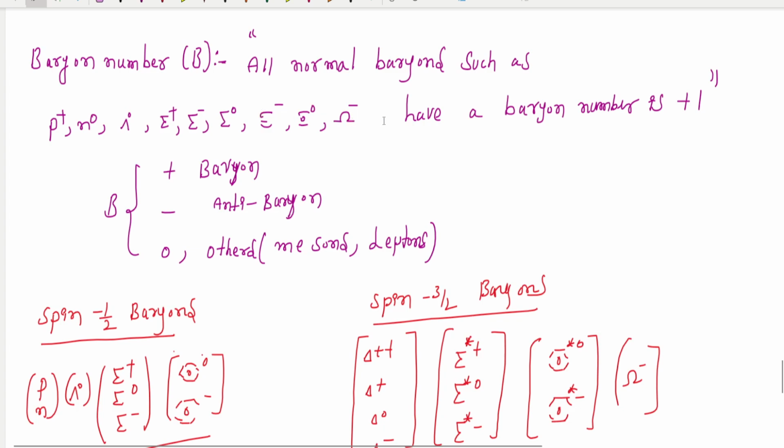These are all normal baryons, with baryon number plus 1, whether n naught or minus is there.